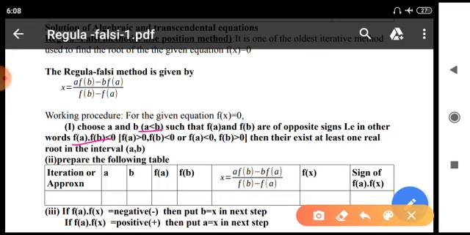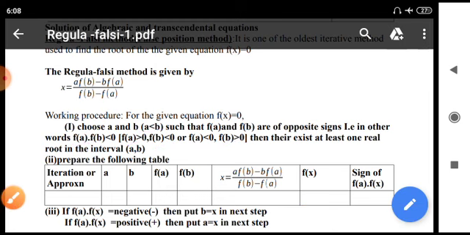It is possible only when f of a is greater than 0 and f of b is less than 0, so that the product f of a into f of b is less than 0, or f of a is less than 0 and f of b is greater than 0, so the product is again f of a into f of b less than 0.